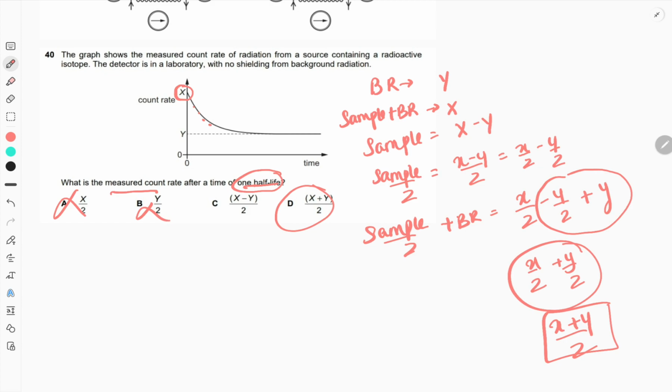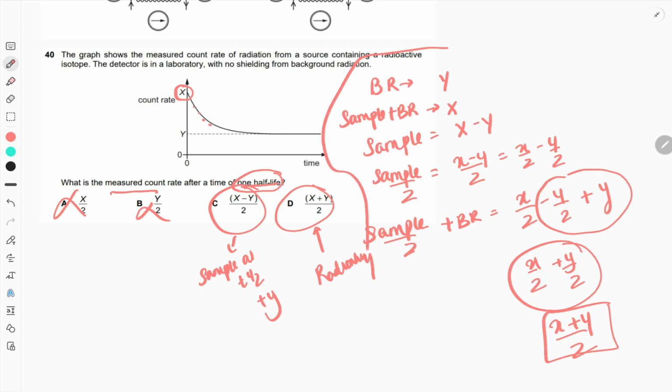This is straight away eliminated. This will not be the case. Now this is only the sample at half-life, but the graph at every point has background radiation, which means you need to add y to get the final answer, and thus the answer becomes x plus y upon 2. I believe I have told you all the same thing in my radioactivity video, but this is the mathematical explanation for it.